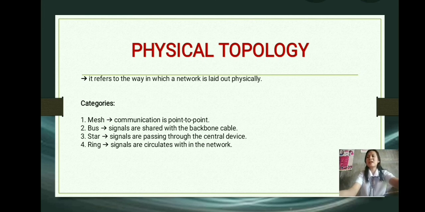So, next is the ring. Signals circulate within the network. Each device is connected to the two devices on either side of it. This structure forms a ring, which is known as ring topology.